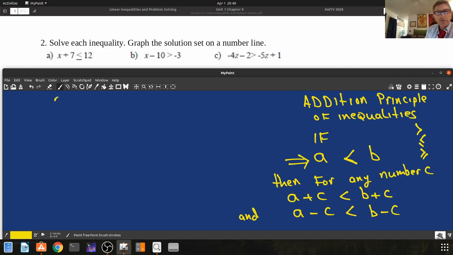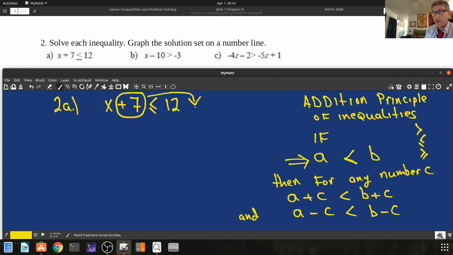So let's do 2a. We have x plus 7 is less than or equal to 12. Well, again, I want to get x all by itself. So I'm going to take 7 and move it to the other side.